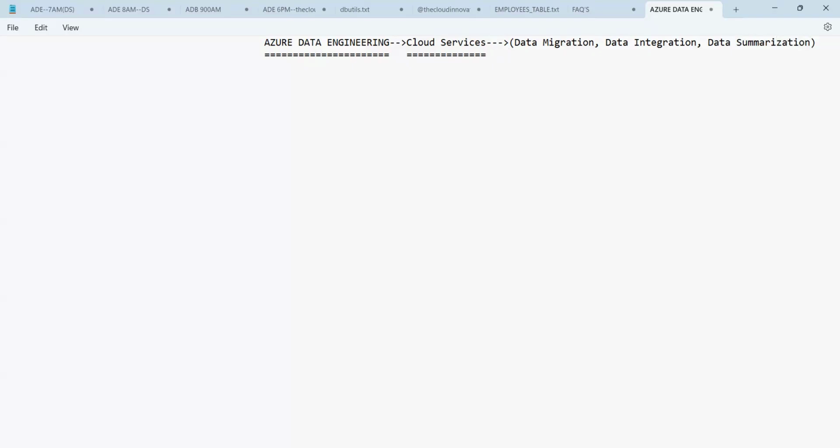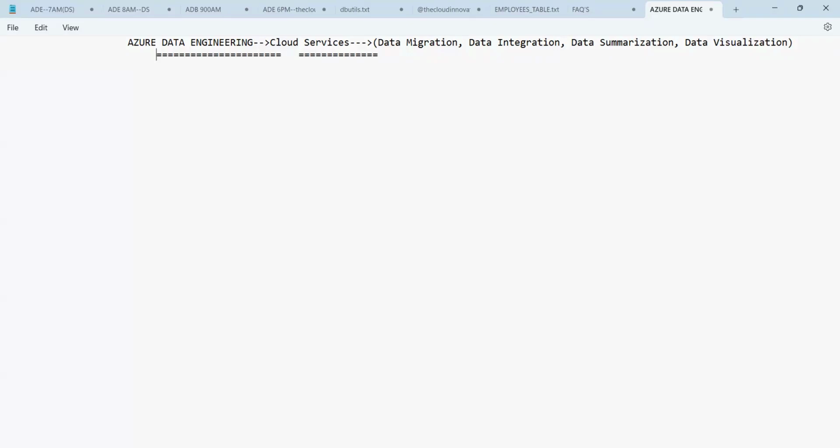So in the same way, we have one more job we can do by using this: data visualization. These are all the tasks we can perform by using Azure data engineering.